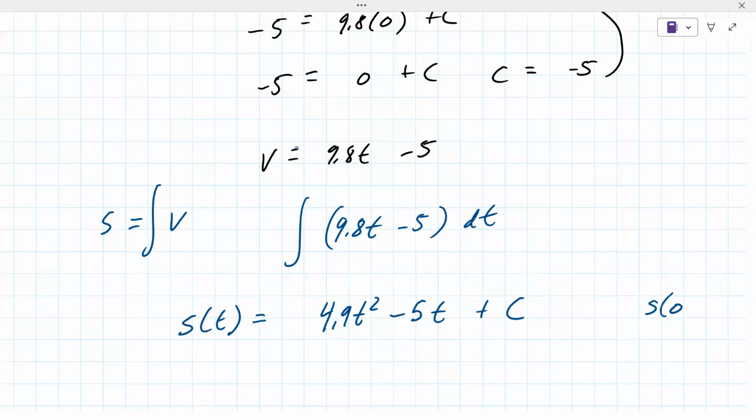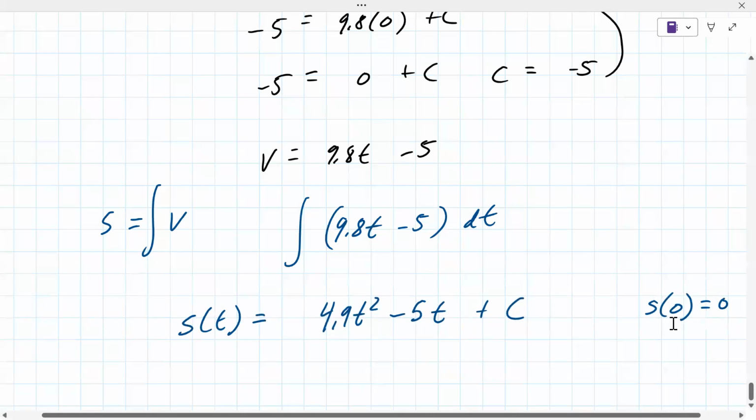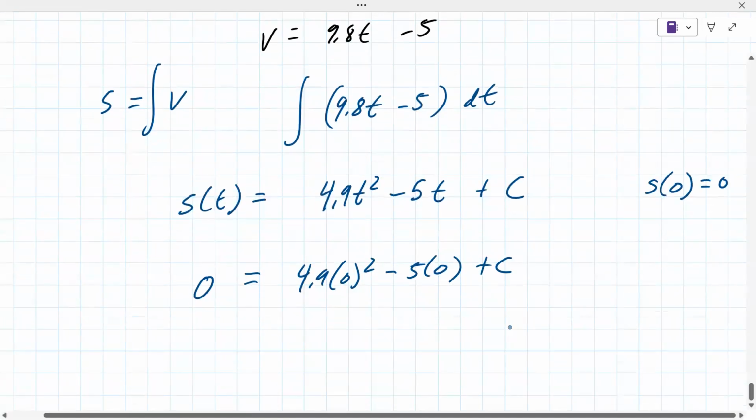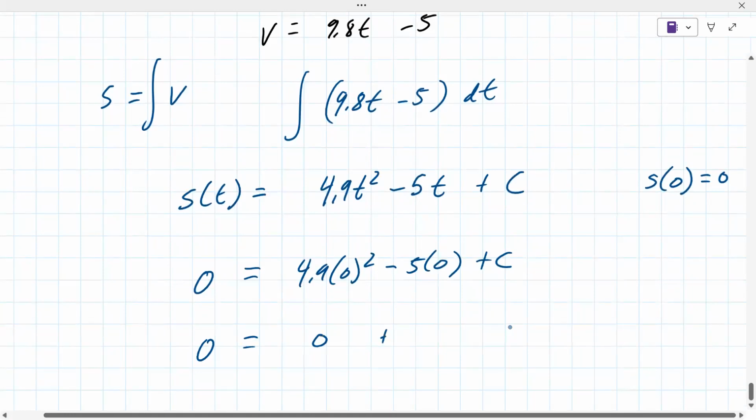And then we have that initial condition s of 0 equals 0. Often, but not always, that means that the constant is 0. Just be careful with that. So in this case, the constant is 0.